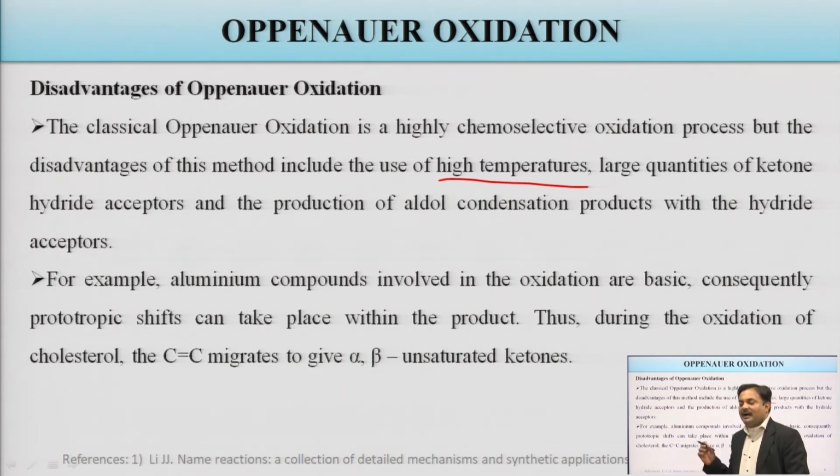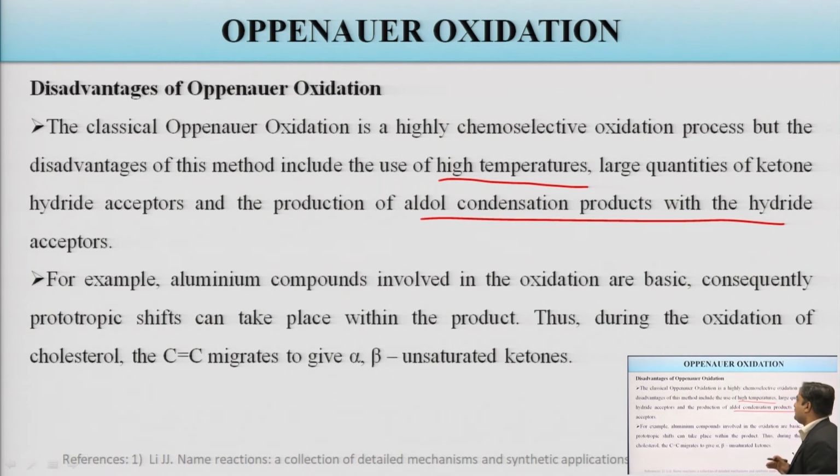Okay. So, again it is very important to keep the ketone or acetone, whatever we are using, in large quantities, so that the direction of the reaction is maintained toward the formation of ketone from the secondary alcohol. Okay. So, large quantity of ketones as hydride acceptors, and the production of aldol condensation product with the hydride acceptor. Okay. For example, the aluminum compounds involved in the oxidation are basic, you know that.